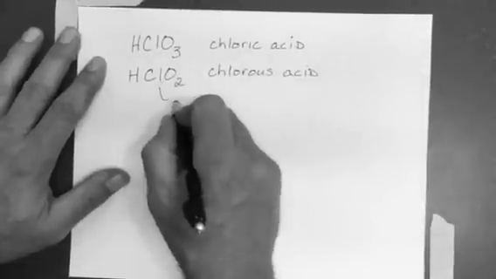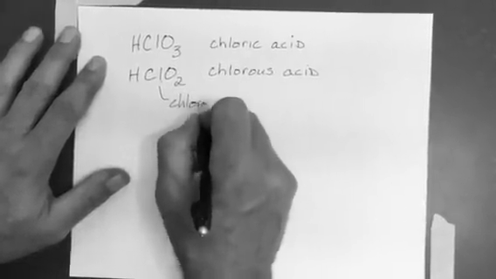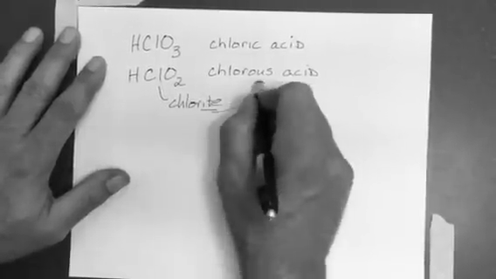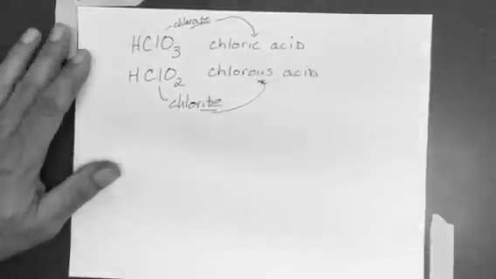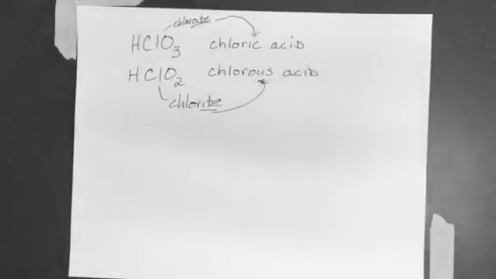So again, this is chlorite, "ite" changes to "us." This ion is called chlorate. The "ate" changes to "ic." I know that's kind of crazy, but that's how you name acids.